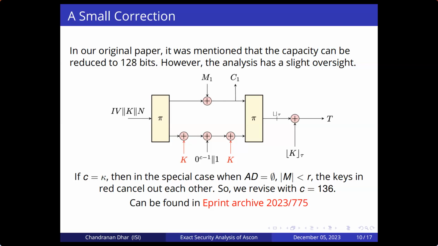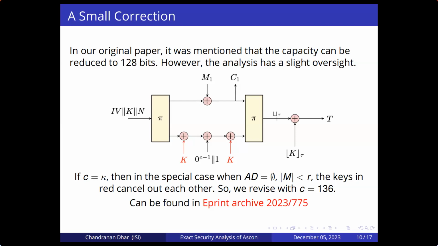But if you take the capacity to be exactly equal to the key size, then in a special case when there is no associated data and only a one-block message, these two keys cancel each other, and our proof technique does not exactly work. We have a hunch that it will still work, but not with the exact same proof technique. The proof technique needs to be modified.